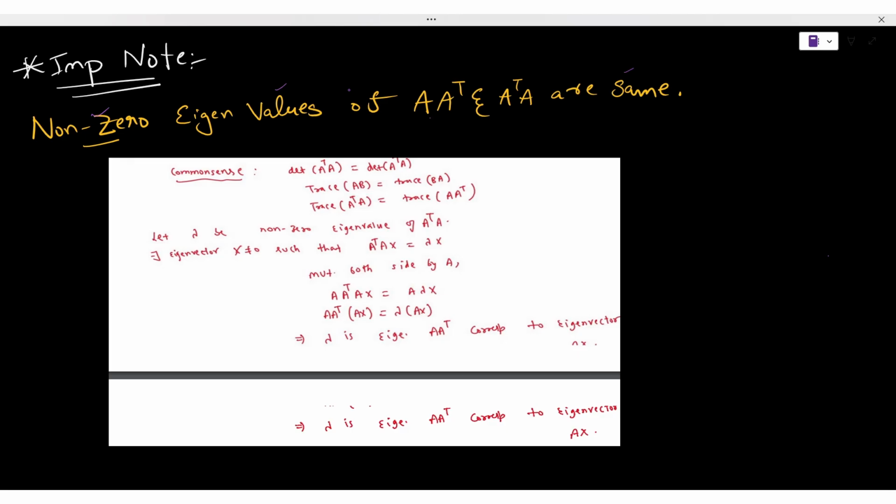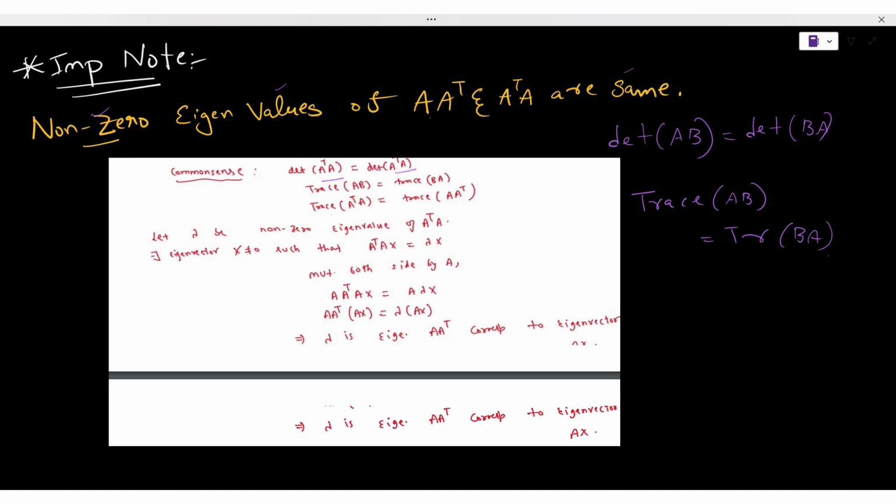We know that determinant of AB is equal to determinant of BA. So determinant of A transpose into A and A into A transpose are always the same. And we also know that trace of AB is equal to trace of BA, because principal diagonal elements never change.